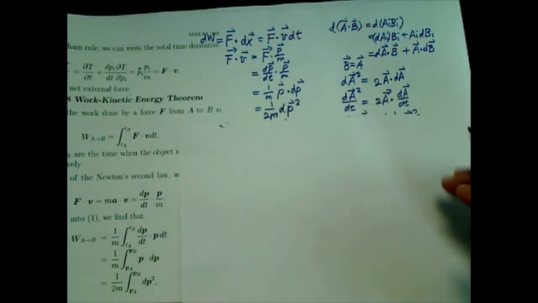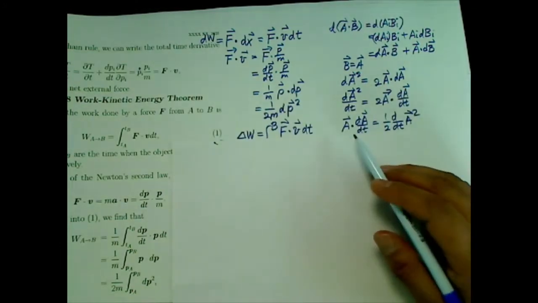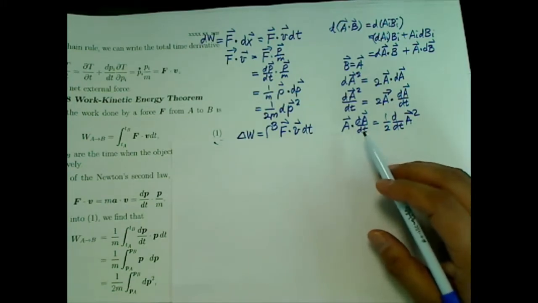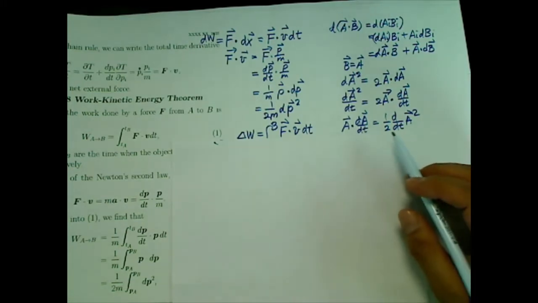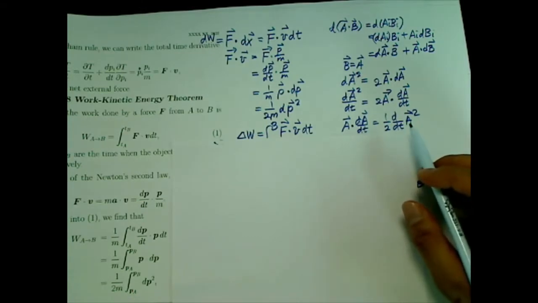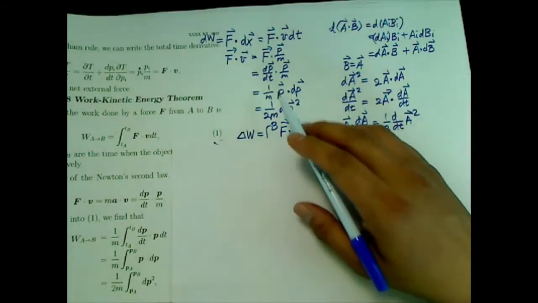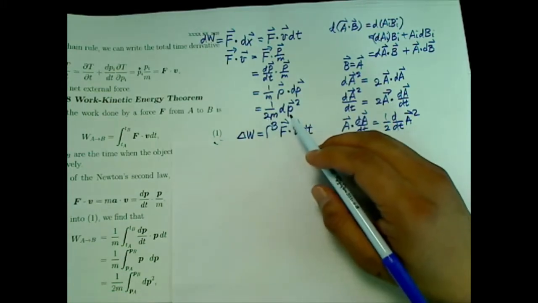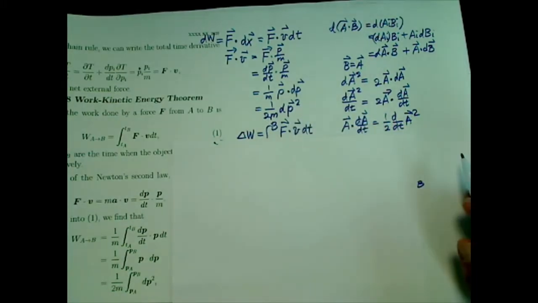But we can make use of this relation: something dot its time derivative means 1/2 the time derivative of the square. So this can be replaced with 1/2 d p squared.